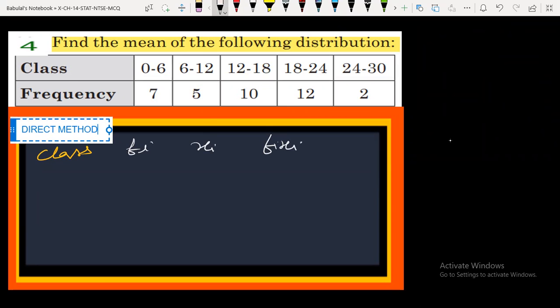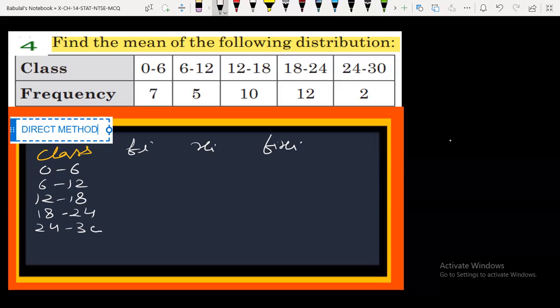If you have understood, make these 4 columns in advance. Classes: 0 to 6, 6 to 12, 12 to 18, 18 to 24, 24 to 30. This is already given, nothing big done here. What is the frequency? It is given 7, then 5, then 10, then 12, then 2.